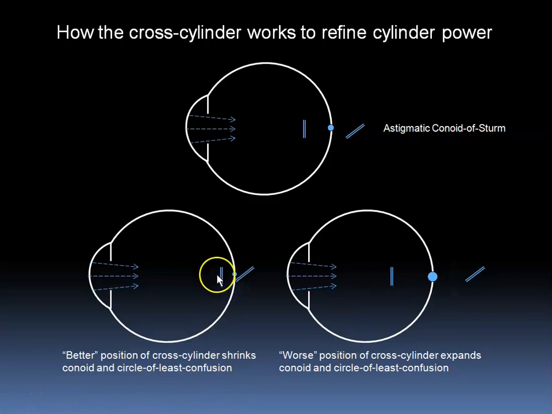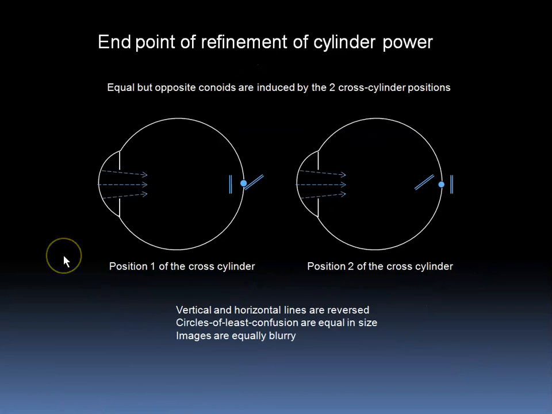In the better position, the circle of least confusion is smaller. Once we have adjusted the cylinder so that rotating the Jackson cross cylinder results in equal vision in both positions, we have reached the end point of adjusting cylinder power.